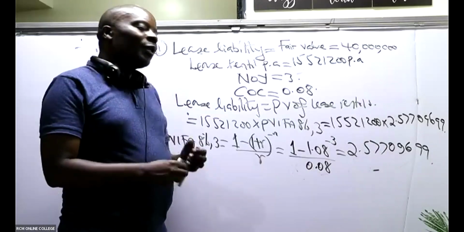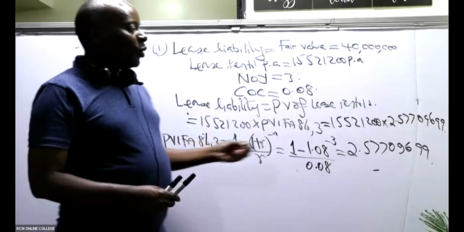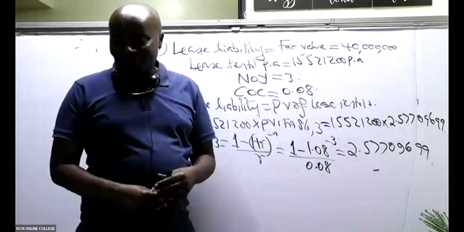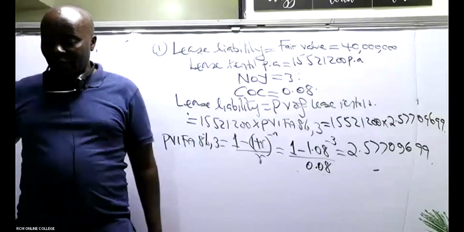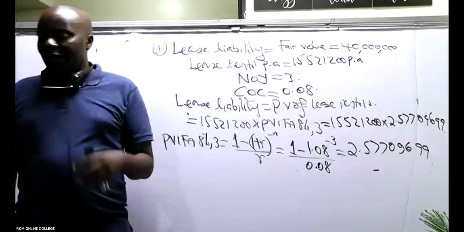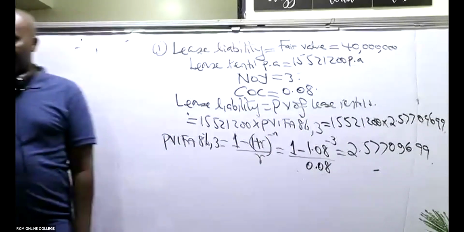Of course, there will be rounding off errors still. But most importantly, whatever figure we get here will be very close to that 40 million. It may be 39, blah, blah, blah.